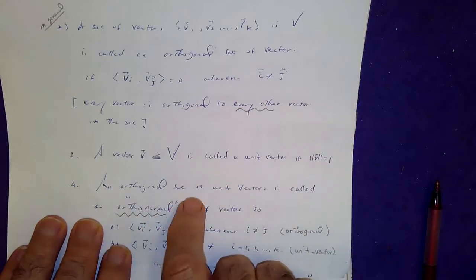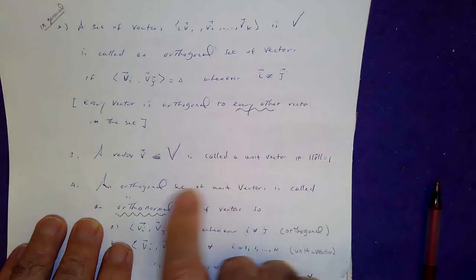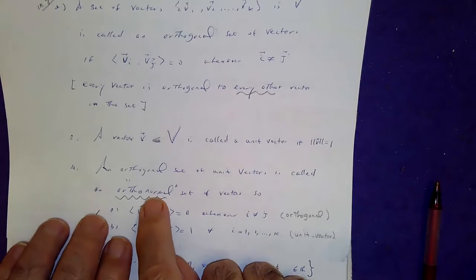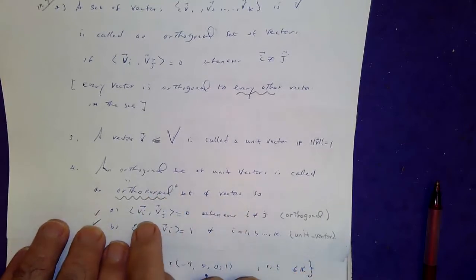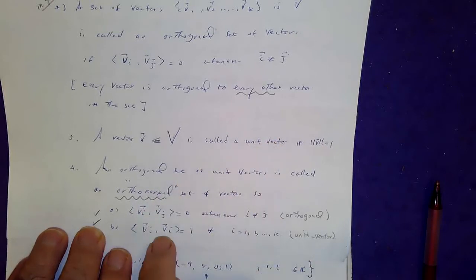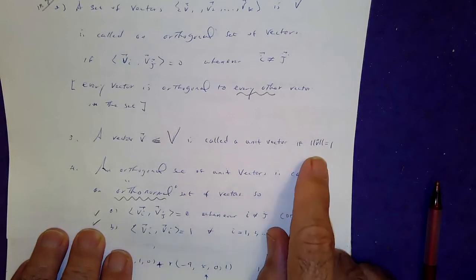An orthogonal set of vectors is called an orthonormal set of vectors if what? If the inner product of every vector with any other vector is 0, and the norm of the vectors happens to be equal to 1.